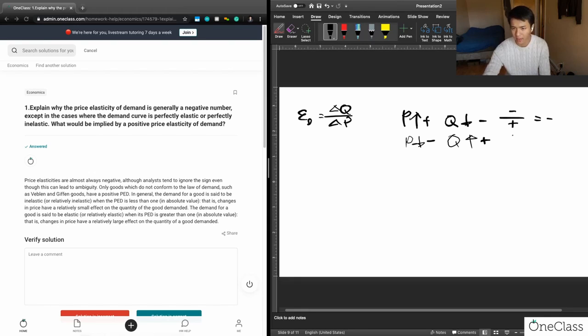Therefore, we're going to have a positive over a negative number, and that's going to give us a negative number. So in almost all scenarios, we see that price elasticity is going to be negative, and that's because of the law of demand.